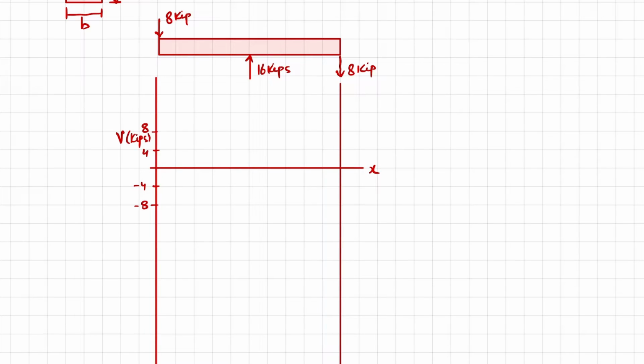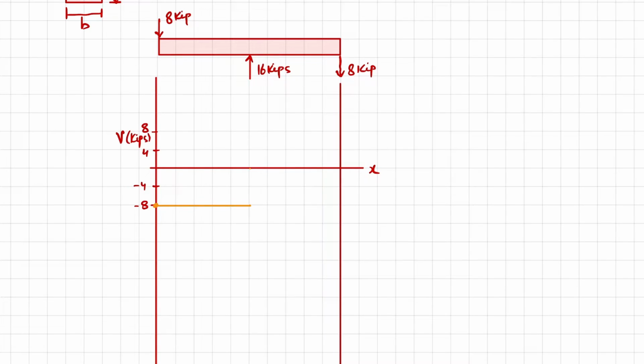So at this point we will have minus 8. This will be the first point. From here until the midpoint we do not have any other force, so the shear force will remain the same till the midpoint. I will draw it.